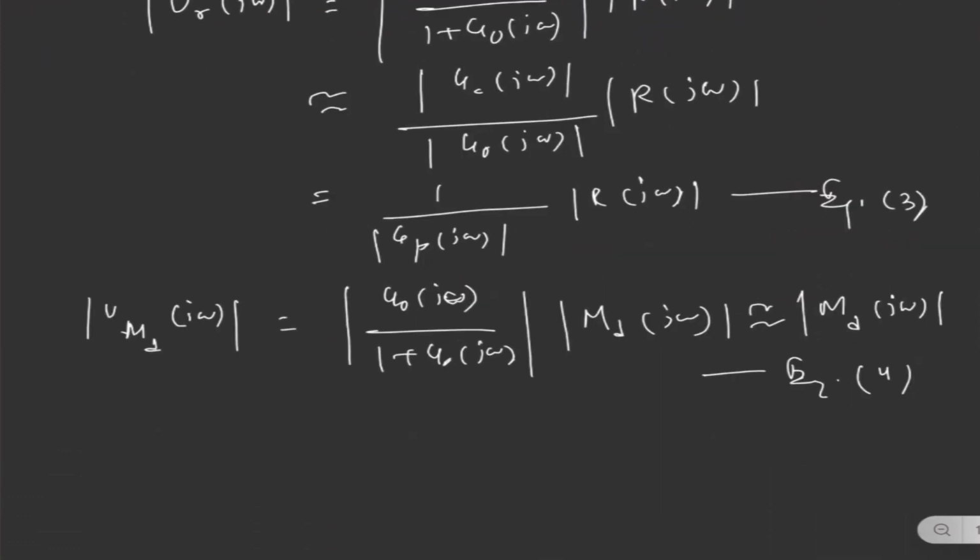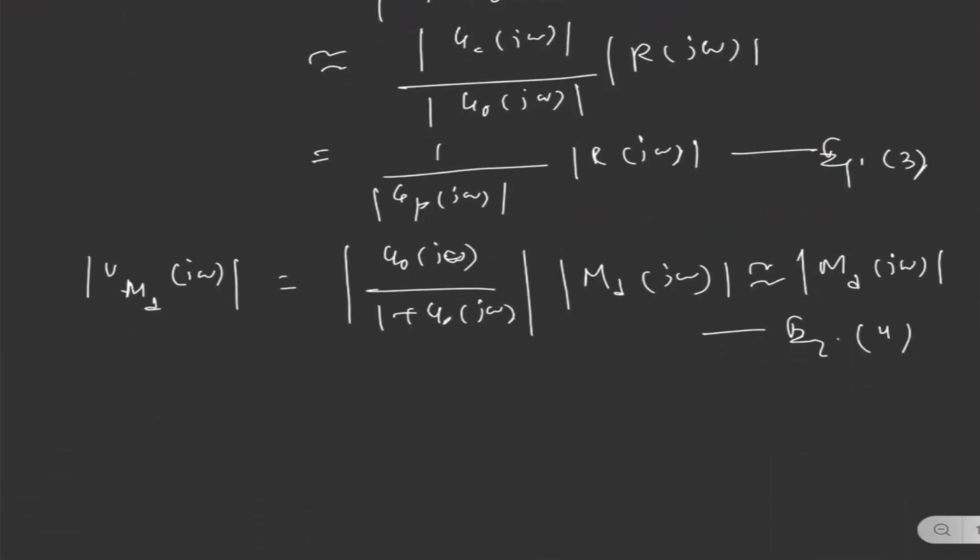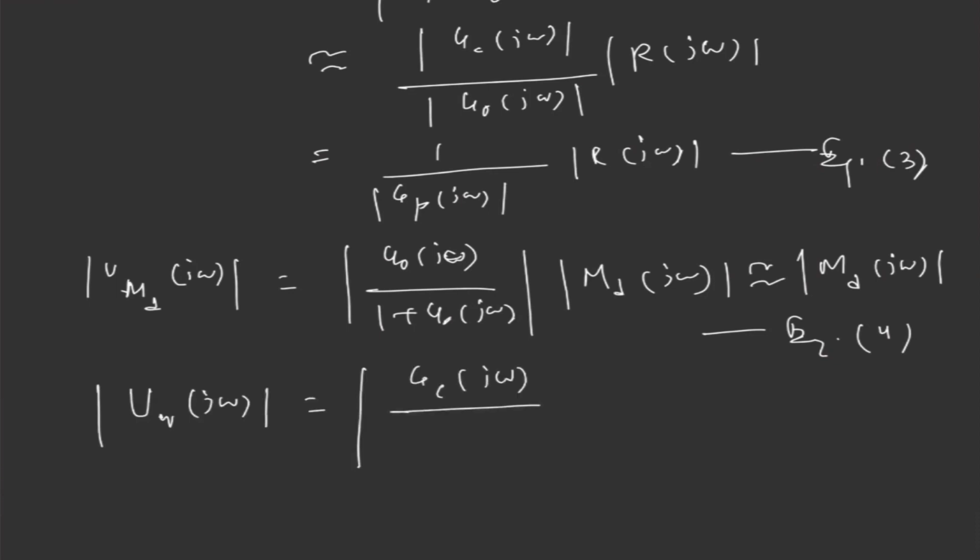And if you write the total control effort due to the measurement noise, U_W(jω), total magnitude of the GC(jω) over 1 plus G0(jω), W(jω).